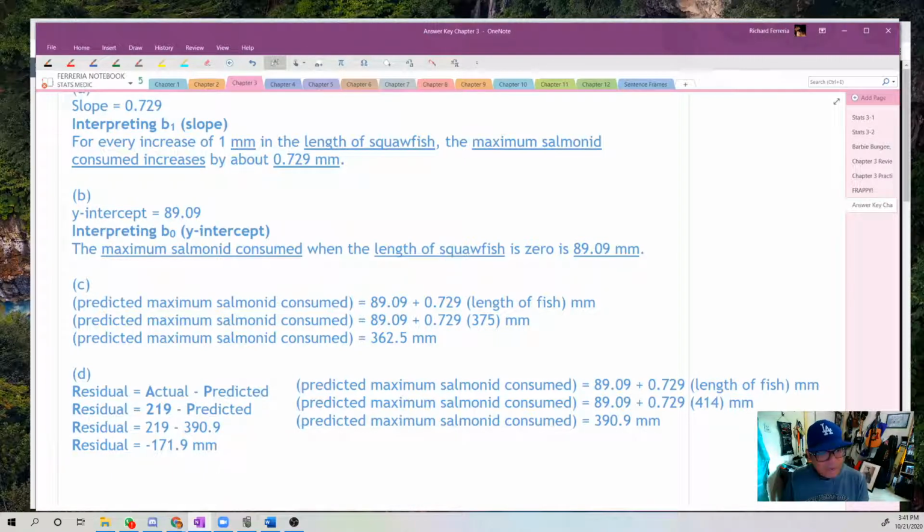If you take a look at the mathematics just above it, that means we predicted 390 and the actual was 219. So our prediction was much greater than the actual salmonid eaten by that squawfish.